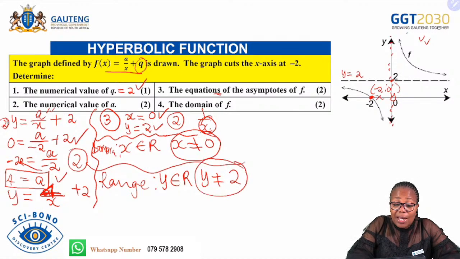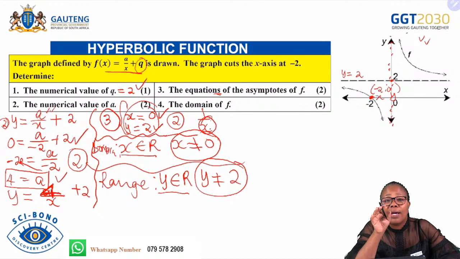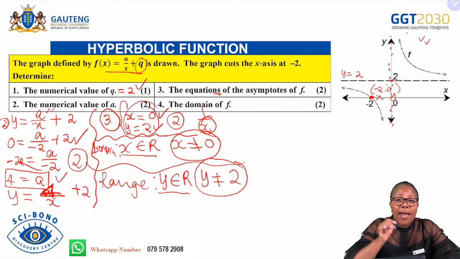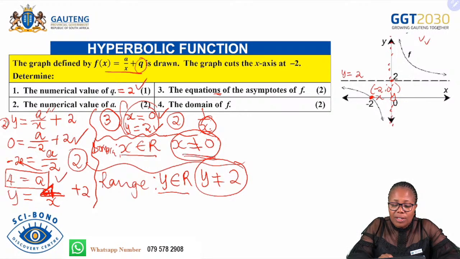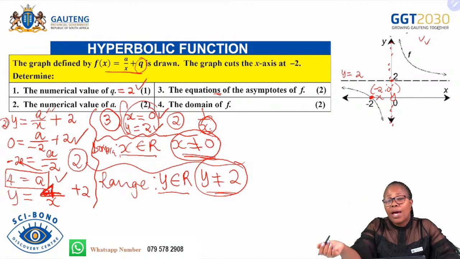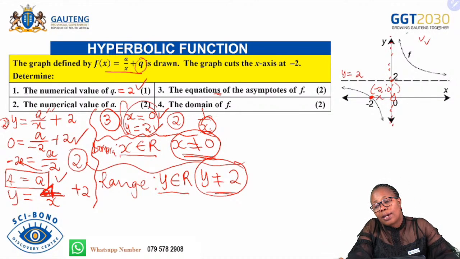The values that we are excluding there are exactly your asymptote. Okay? So the domain and range of a hyperbola graph will always remain x element of real numbers, y element of real numbers. But what we are changing is the asymptote because we will be excluding the asymptote according to the particular graph.